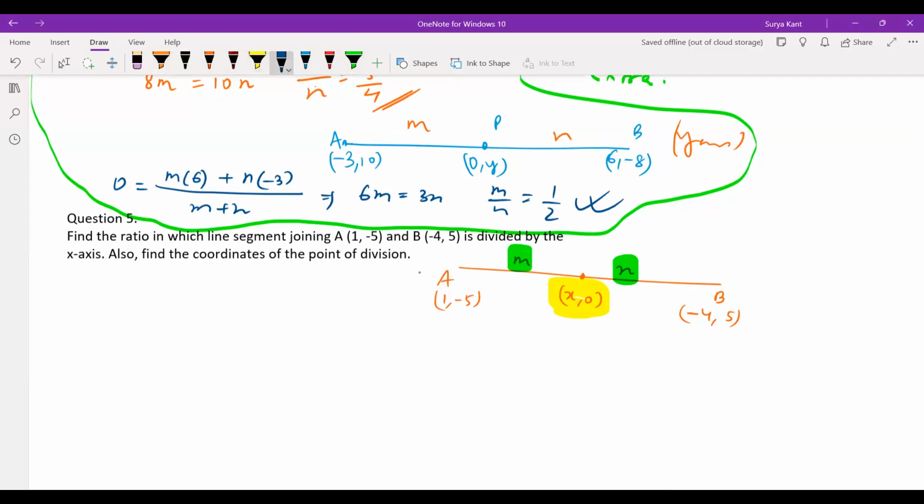So obviously you have to go for x as well as y. First you go for y because you're finding the ratio. So y is equal to my2 plus ny1 divided by m plus n. Solve and send the answer, children. It's very easy. I'll wait for your answer, maximum 1 minute.